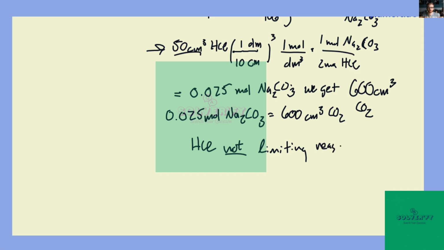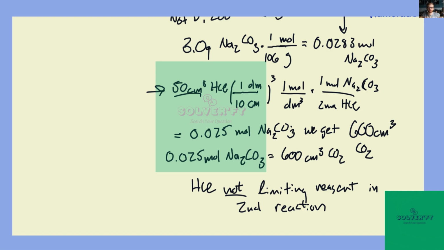In our second reaction, we'll have plenty of HCl. We'll have 0.05 moles of it, which is more than enough to react in a 2-to-1 ratio with the amount of sodium carbonate we'll have, because instead of having 3 grams of it, we'll have 1 gram.